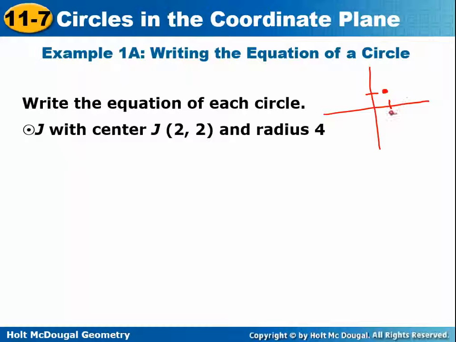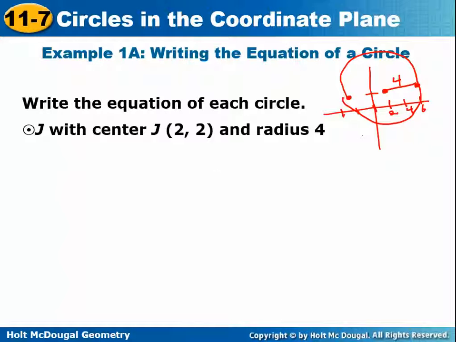So if this is 2, the radius has to be 4 units away. So the radius is going to go all the way to here. And on this side, you have to have a radius of 4. So there's 2, there's 2. So your circle will be roughly like that, and the radius is 4.